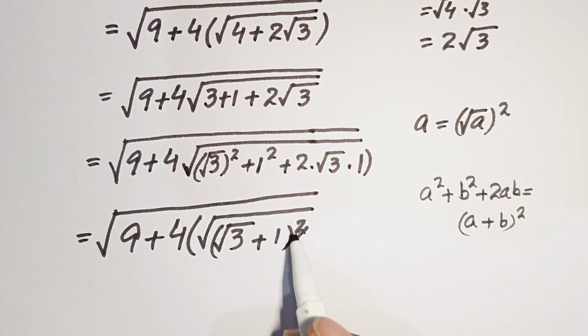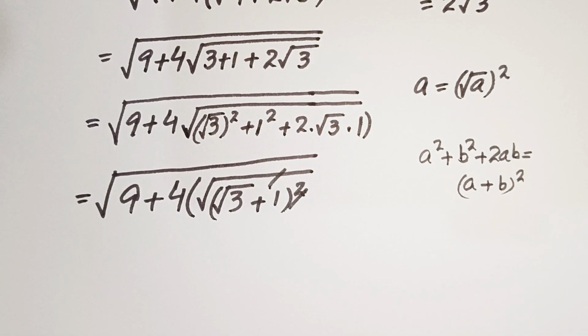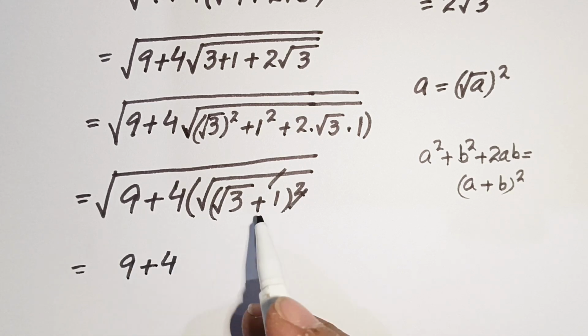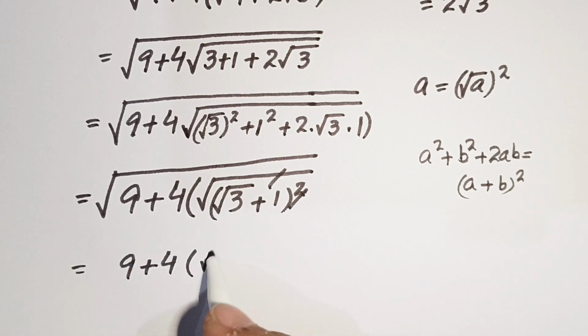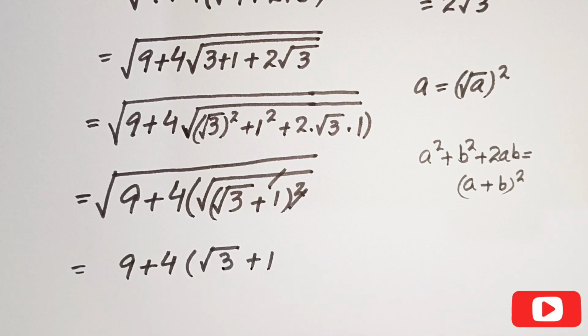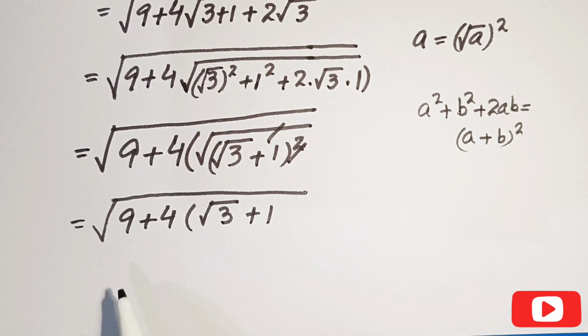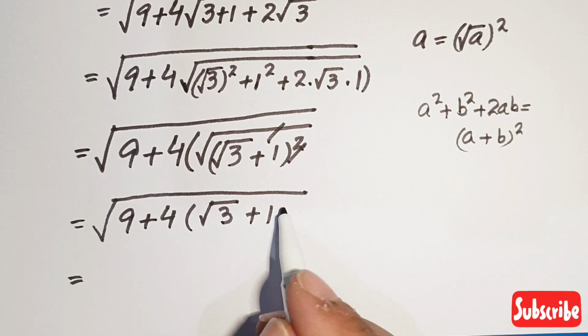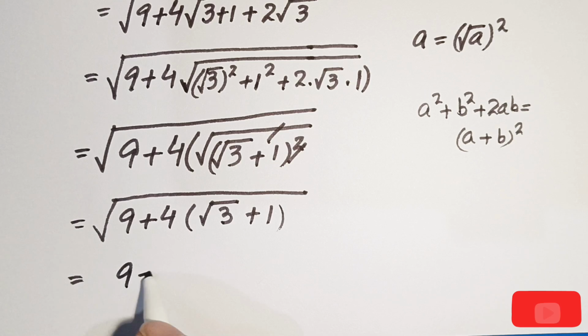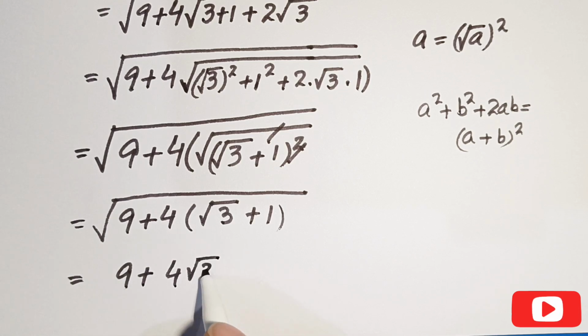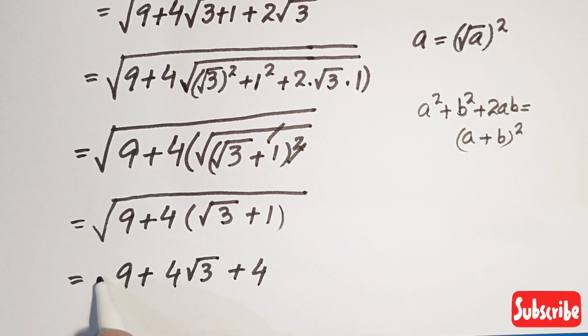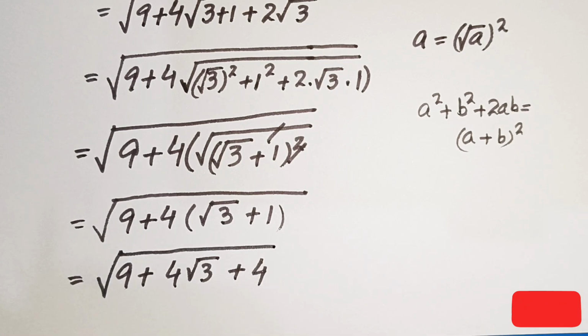If we cancel this square with the square root, we will get 9 plus 4 times square root of 3 plus 1 whole square root. Our next step will be to multiply this 4 into the parentheses, so we will get square root of 9 plus 4 times square root of 3 plus 4 times 1.